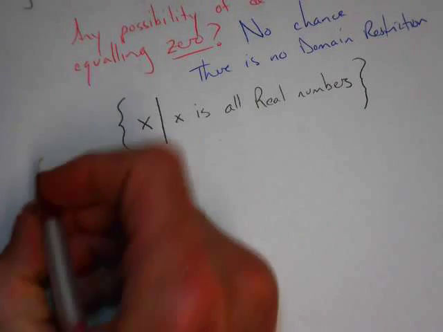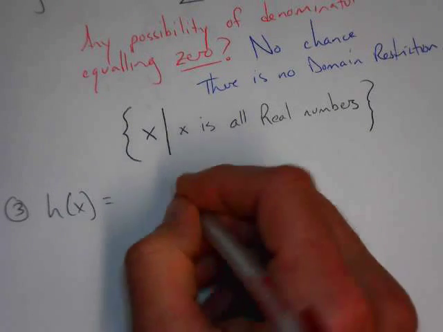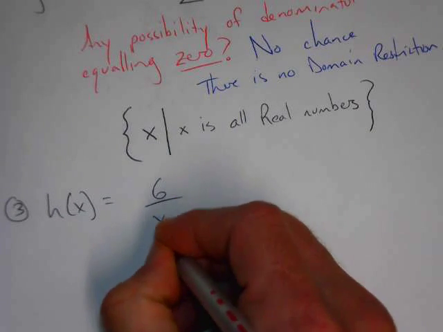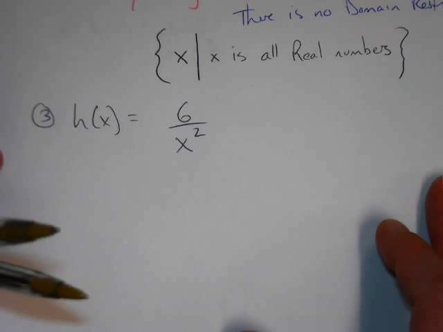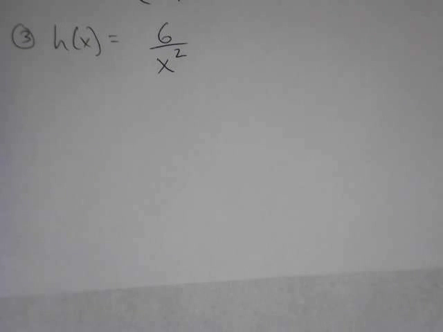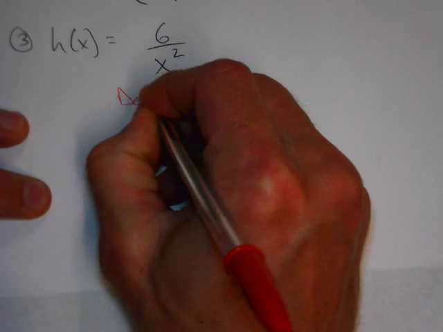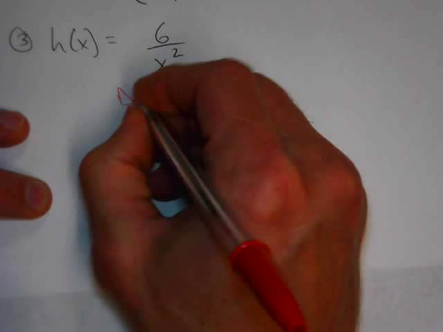Now we look at number 3. In number 3, we have an interesting rational expression. Now we have to think: is there anything that could make the denominator 0?